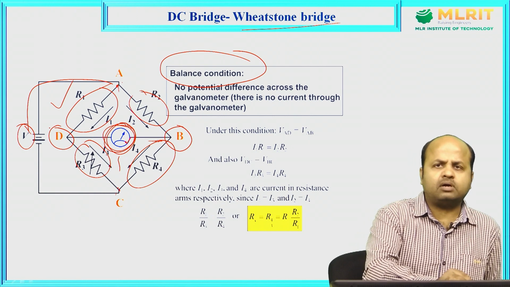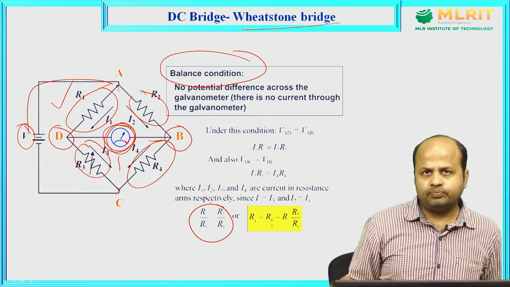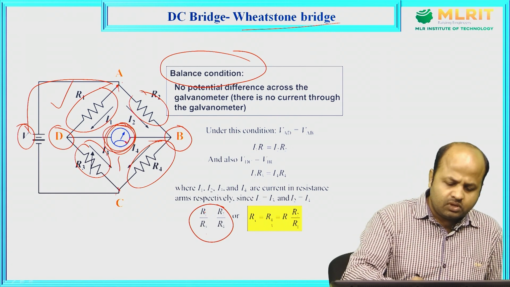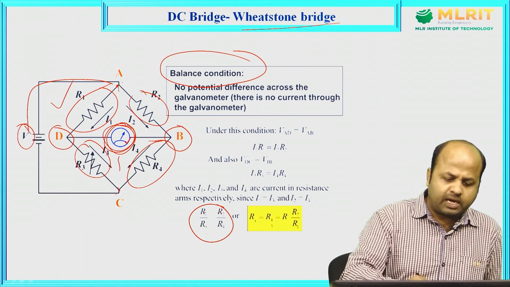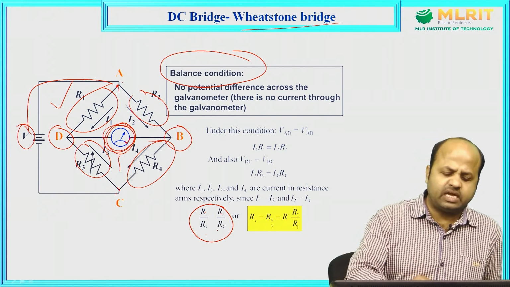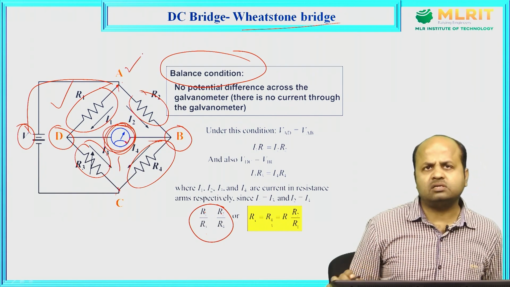Whenever the bridge becomes balanced, you have to apply this formula: R1 by R3 equals R2 by R4. This formula is applicable whenever the bridge is in the balance condition.